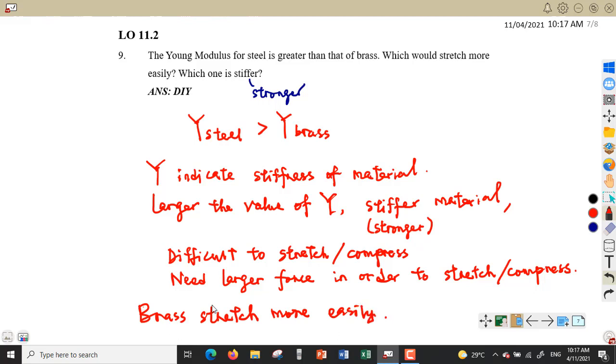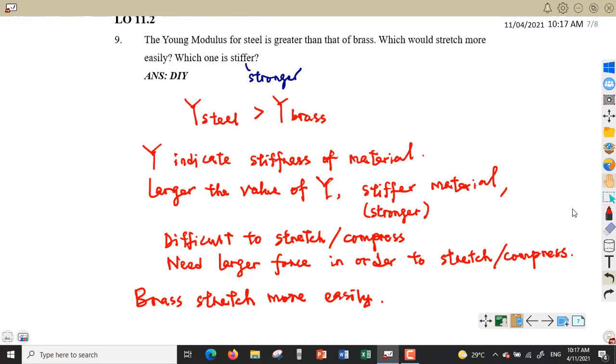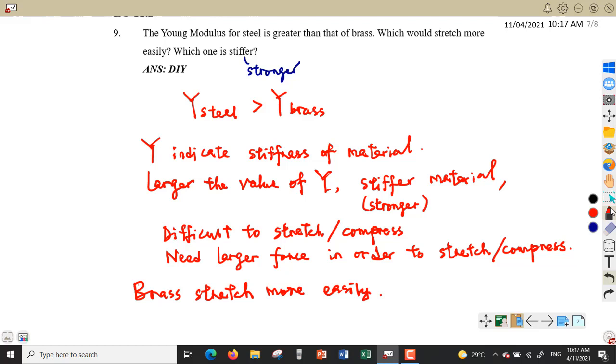Why? Because the value of Young modulus for brass is smaller. And then, which one is stiffer? The steel will be stiffer. Why? Because the value of Young modulus for steel is greater, so it's stiffer. So we have answered question 9.